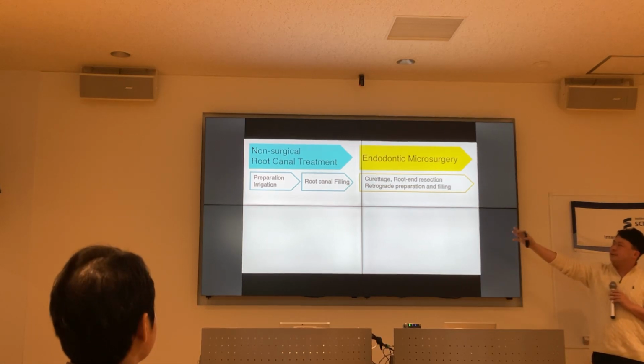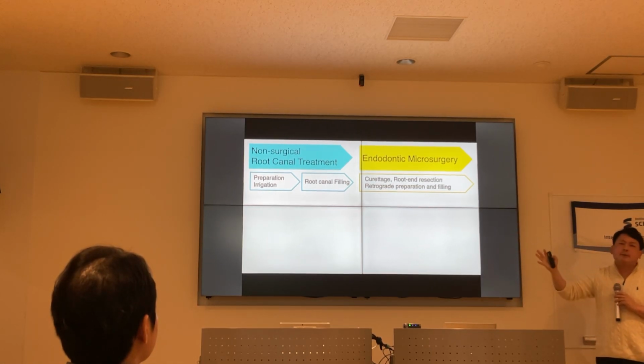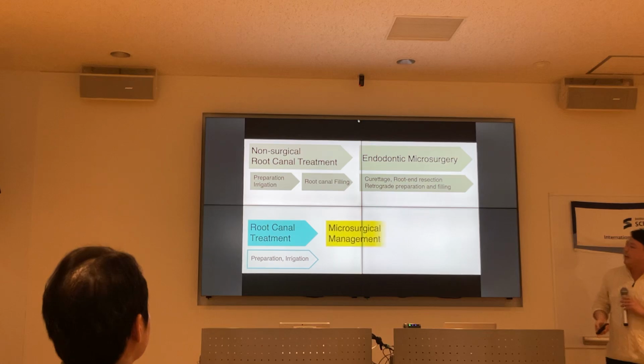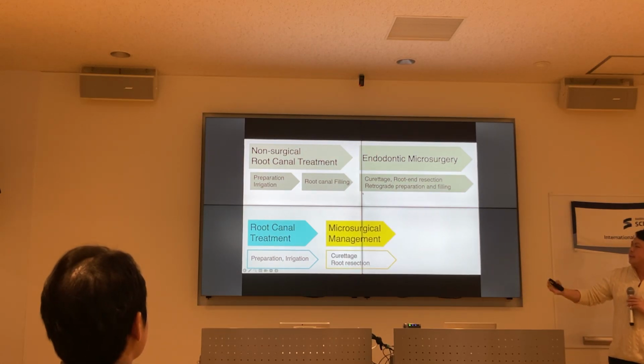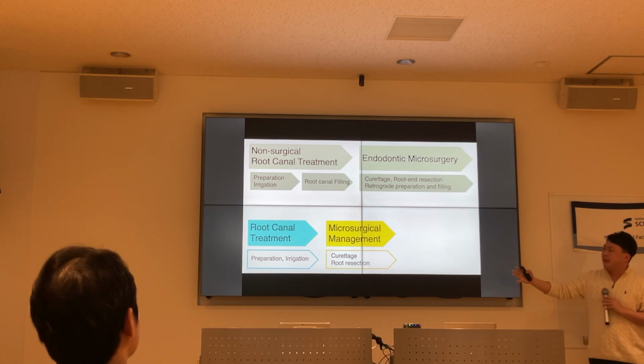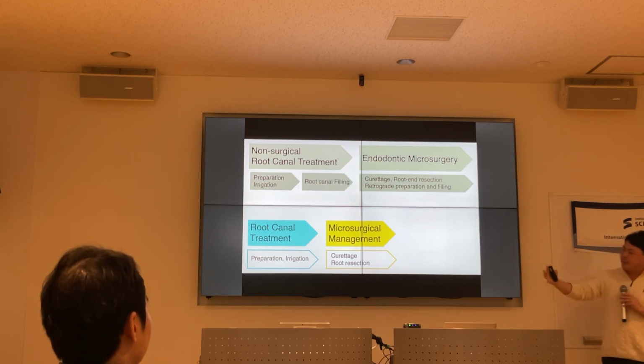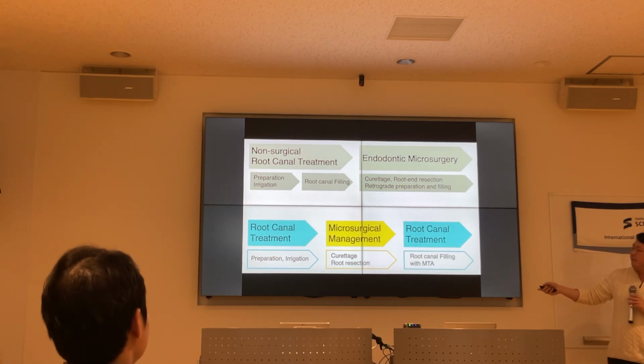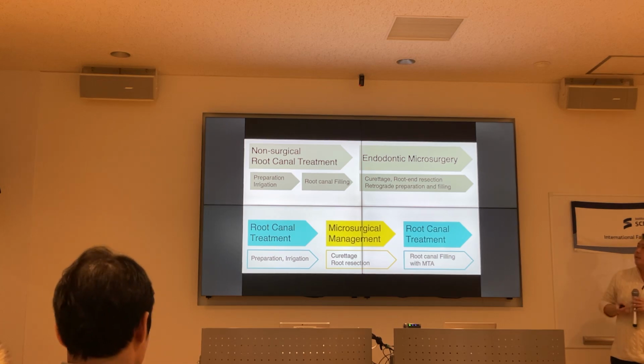But in this case, root canal filling is very, very difficult because of continuing extrusion. So I changed: after root canal treatment, no filling. After that, endodontic microsurgery, which means curettage, debridement, root resection, and removing the radicular cyst. Then after that, root canal filling with MTA cement non-surgically.